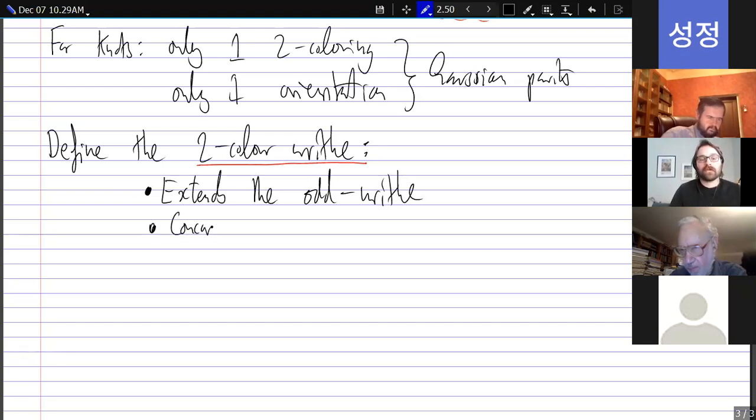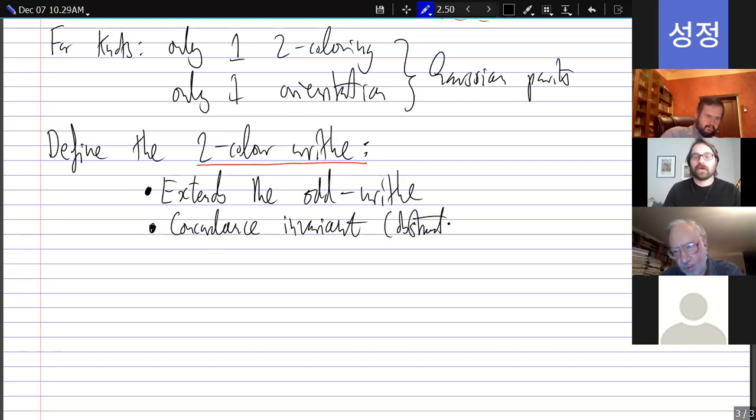It's a concordance invariant as well, which is, I think, maybe my favorite property of it. The odd writhe is a concordance invariant for virtual knots, so it's more evidence that this construction is really the proper generalization of the Gaussian parity, because this invariant of virtual links yields a concordance invariant of virtual links. So in particular, it obstructs the strong sliceness of virtual links.